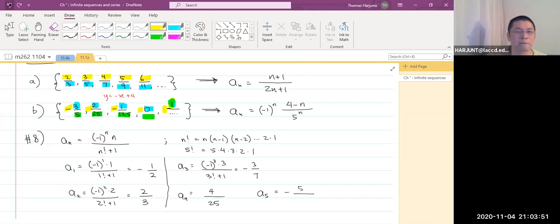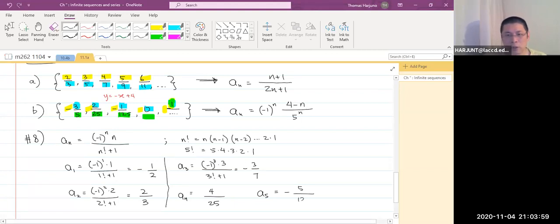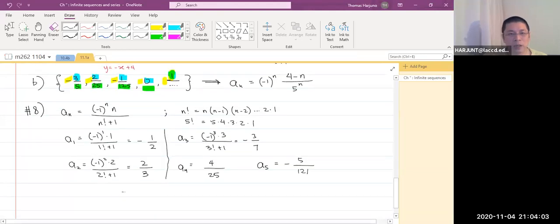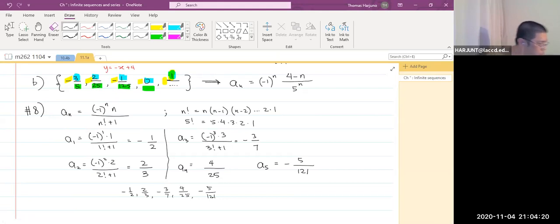The denominator will be 5 factorial, 121, plus 1, right? So the sequence is basically negative 1/2, positive 2/3, negative 3/7, positive 4 over 25, negative 5 over 121.